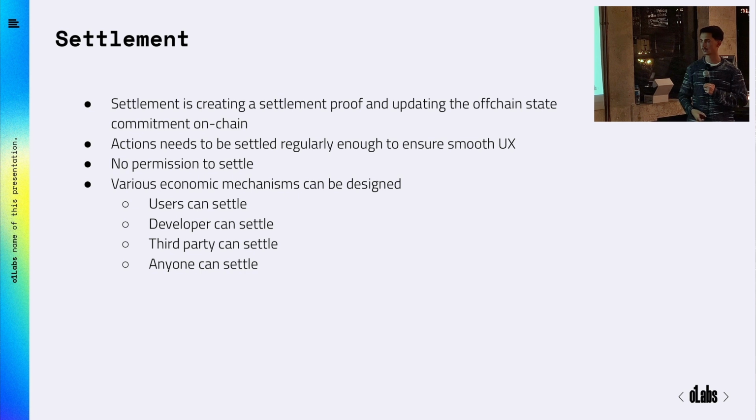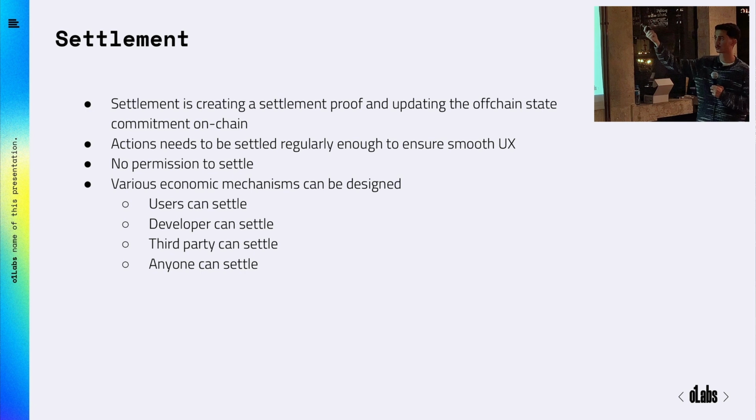And they need to be settled regularly enough to ensure a smooth UX, because if the frequency is too low, then users will feel that zkApps are not responsive because they wouldn't see their state changes fast enough. And if the settler does it at a high frequency, then basically they will pay a high transaction fee because they have to do it regularly. So there's a balance there.